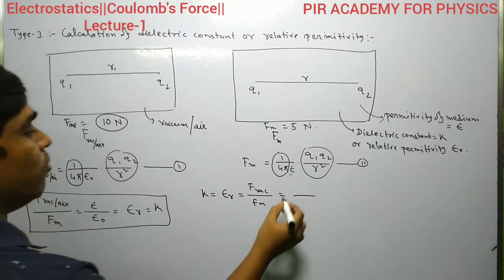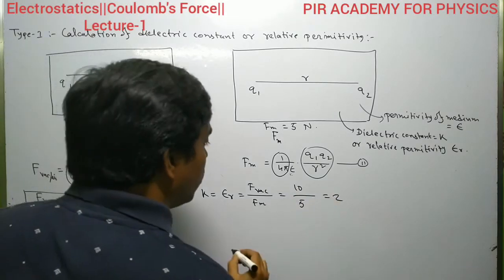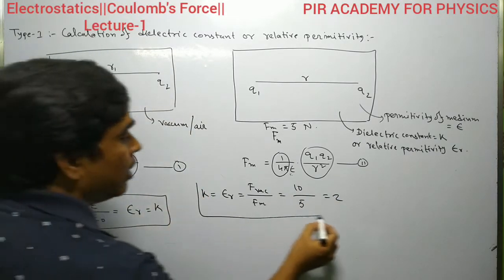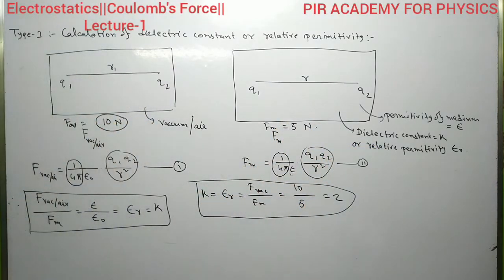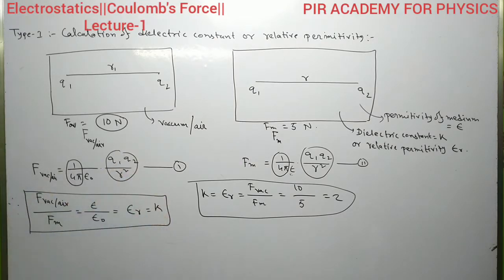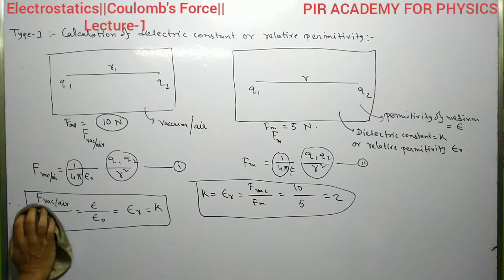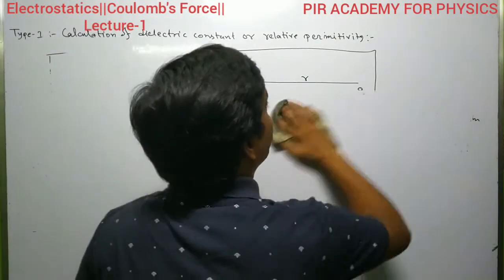That means it will be 10 by 5, that means 2. So the relative permittivity or dielectric constant of this medium will be 2. In this way you can calculate the dielectric constant of any medium. So you have to remember this formula. Okay, then another problem.